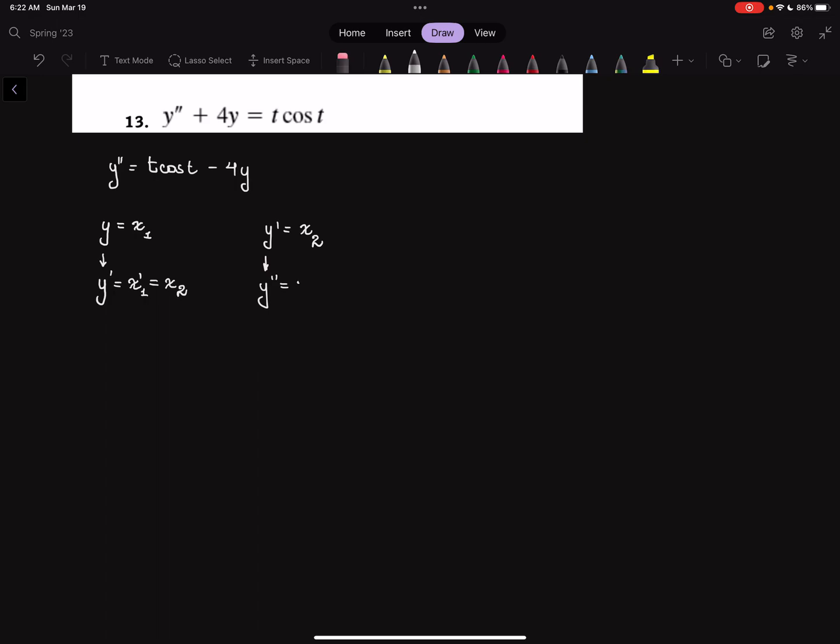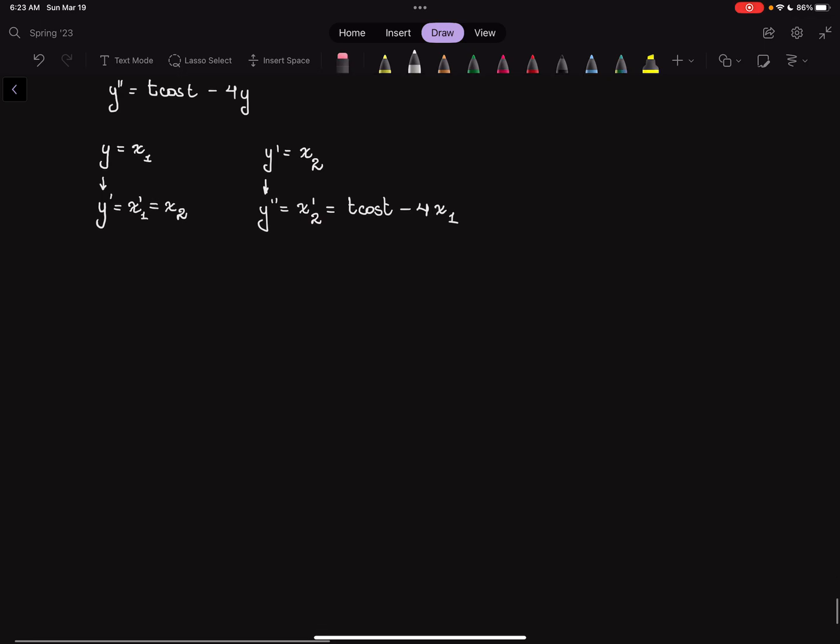And y double prime is going to be equal to x2 prime. But it's also going to be equal to this whole thing. So that's going to be t times the cosine of t minus 4 times, well, what is y? Y is equal to x1, x sub 1.